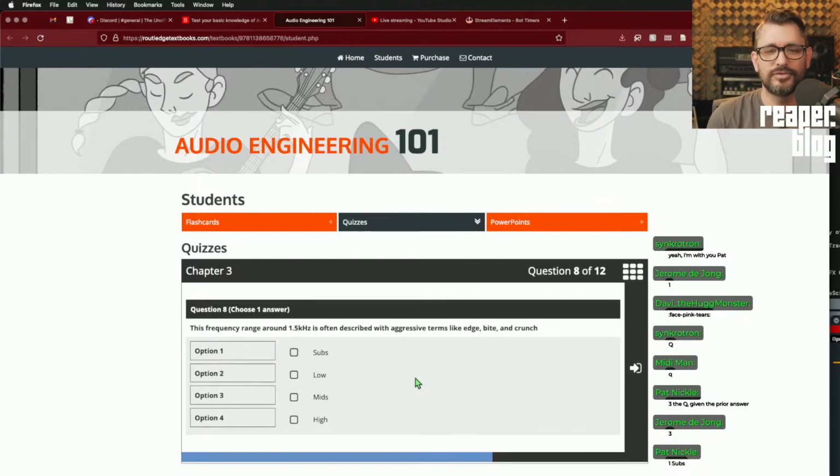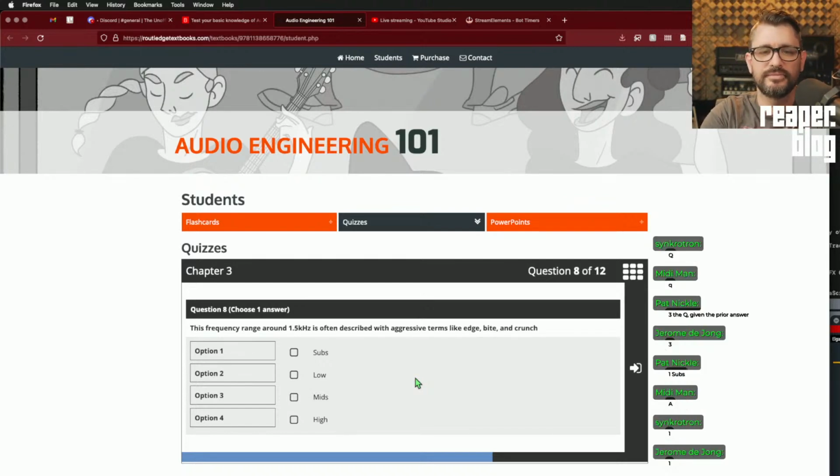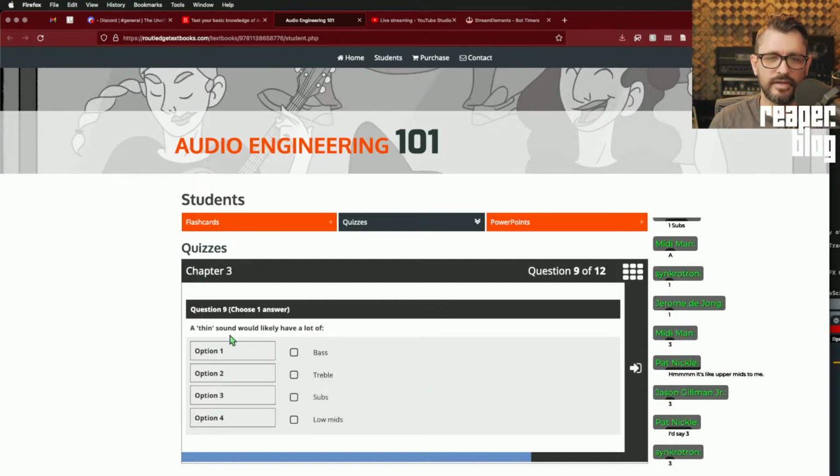Frequency range around 1.5 kilohertz is often described with aggressive terms like edge, bite, and crunch. All right, so this is a little bit better. 1.5 kilohertz, that's like right in the middle. That's mid frequencies. A thin sound would likely have a lot of bass, treble, subs, or low mids.